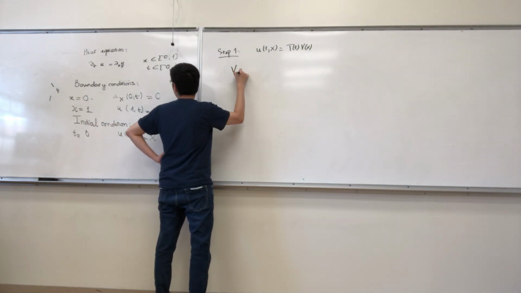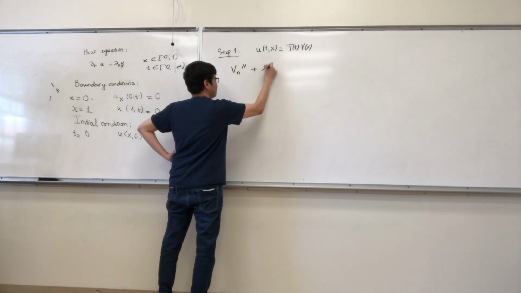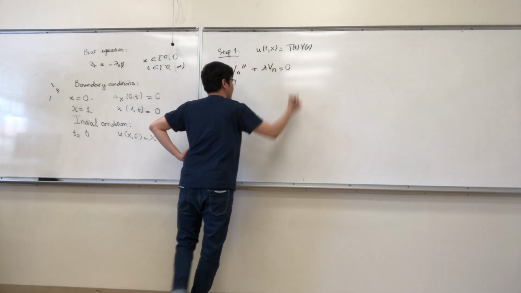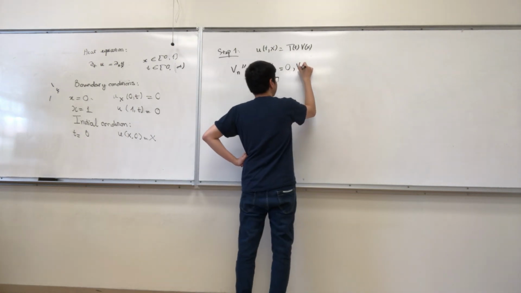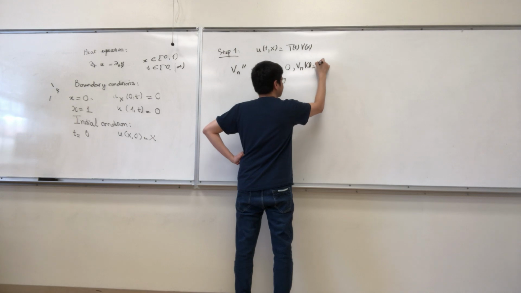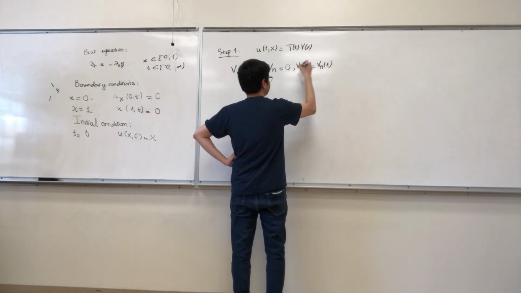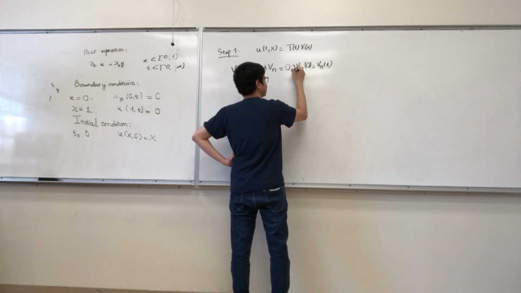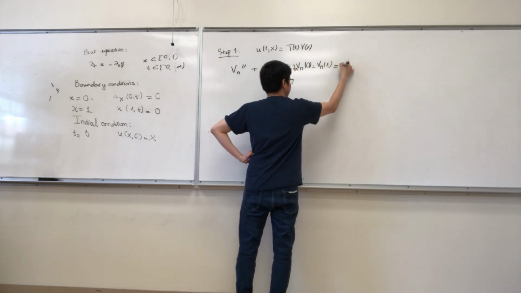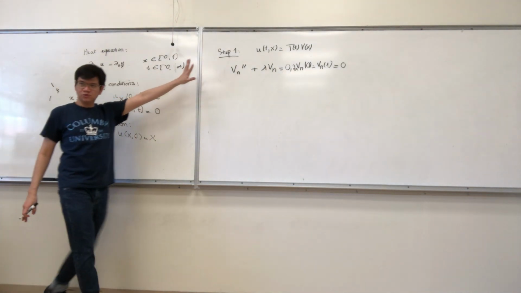So you have Vn second plus lambda Vn is 0, and Vn at 0 is equal to Vn at 1 derivative in x is 0.